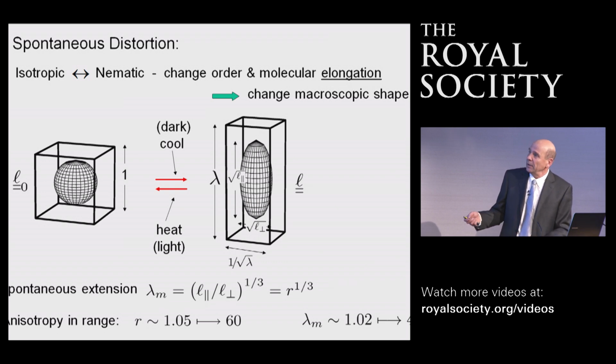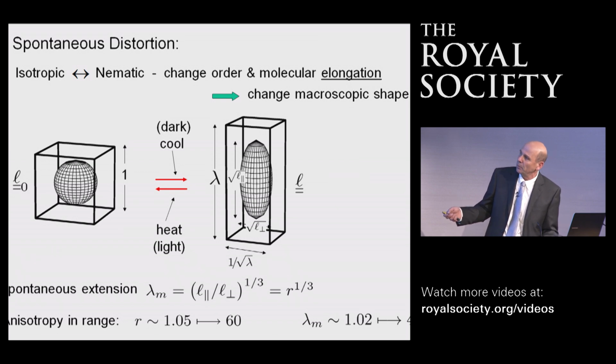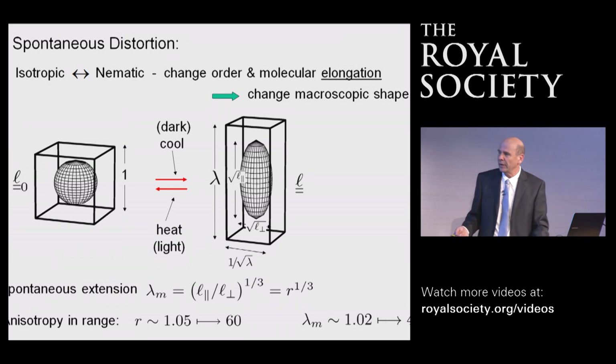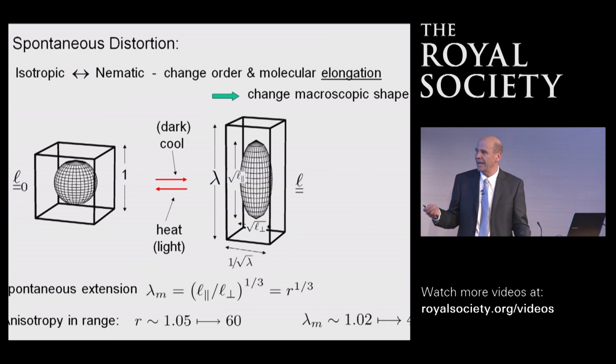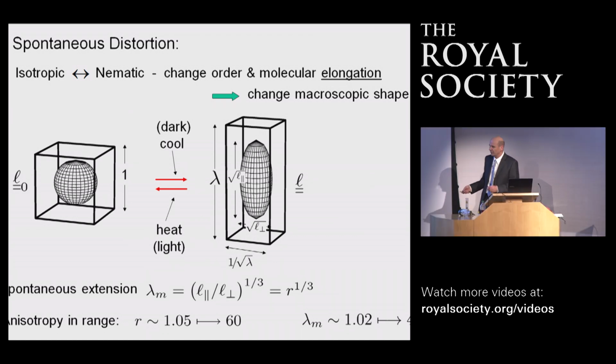And we look at the characteristic distribution of the chains, and they're no longer spherical but elongated, and it turns out that this thing should change its length by the cube root of this anisotropy. And this anisotropy can be as much as 60. And the cube root of 60 is 4, or cube root of 64 is 4. So what it says is that as we cool this down, it should change its length by a factor of 4.